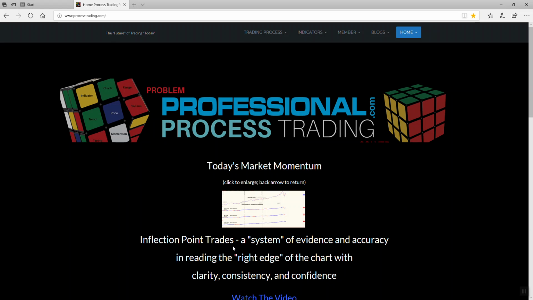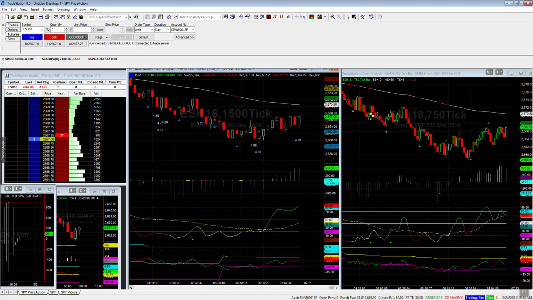And by non-correlated, I mean that each one is based off of different data. It's not just the same data presented to you in multiple different ways, many indicators reflecting the same data. This is entirely different. So let's go over and look at the trading screen.